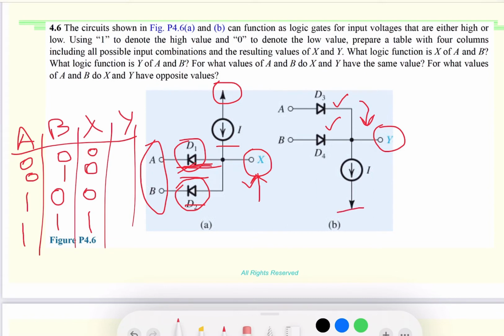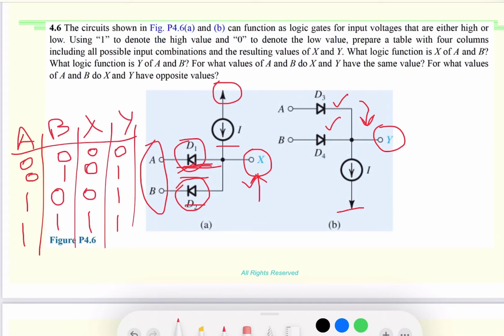So when both are reverse biased, there is 0 output. But if any of them is forward biased, you get a signal at Y. And of course, if they both are forward biased, you get a signal at Y.